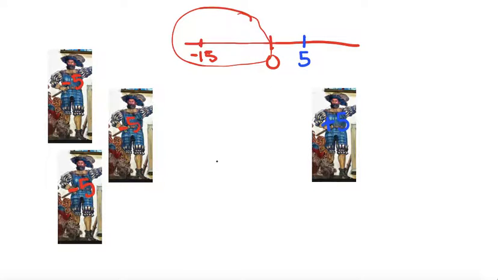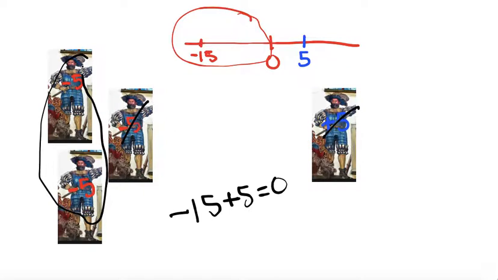So in other words, they ask you -15 plus 5 equals what? So the way to understand this is that these 5 soldiers are going to kill each other, right? And you're left with -10. I don't know why I wrote 0 here. Let me erase that, and we are left with -10.